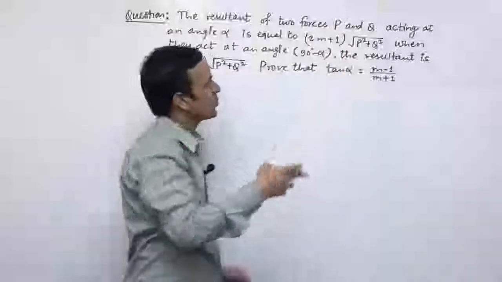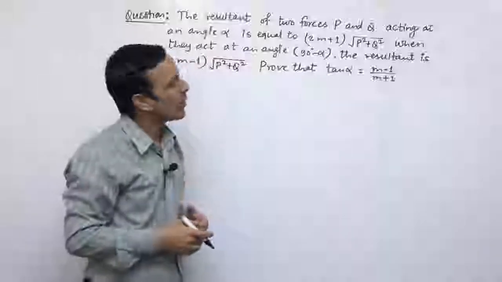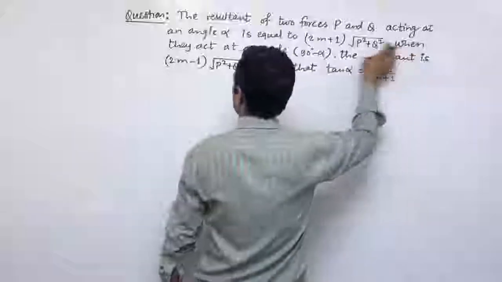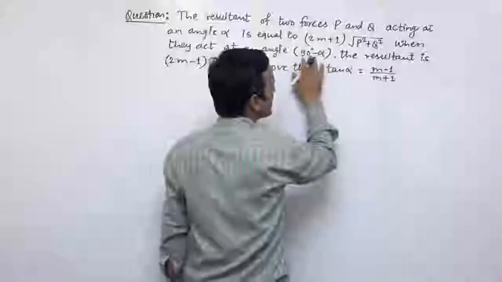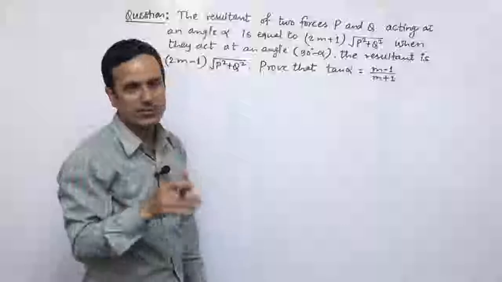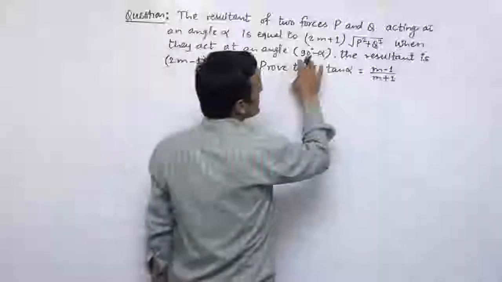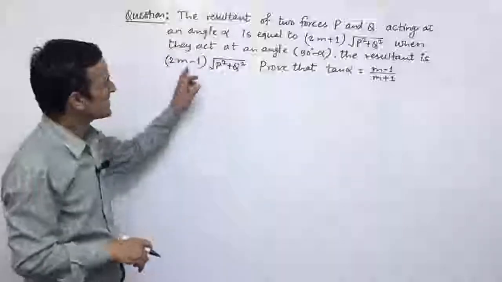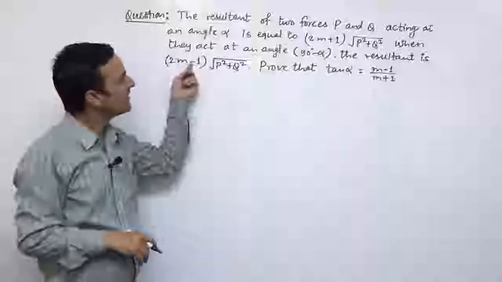From the first case we can form one equation. Similarly, when they act at an angle 90 minus alpha, the resultant will be this one, slightly changed with a minus sign.